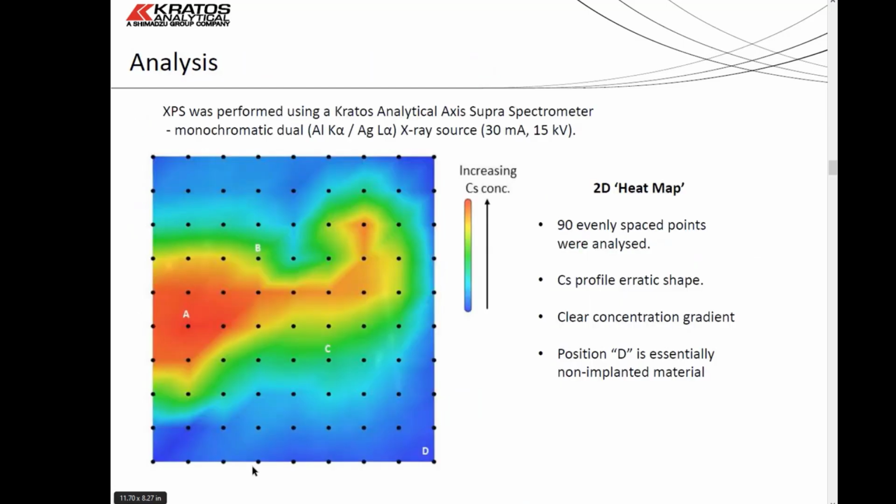And you could look anywhere, and whatever data I sent, he was never happy with it. So I just said, well, your sample has got, we're going to have to analyze the whole sample. So we basically mapped out the whole array of this 1 centimeter size piece of nuclear graphite. And you could see the distribution of the cesium here, ranging from about 15%, I think, down to basically 0.